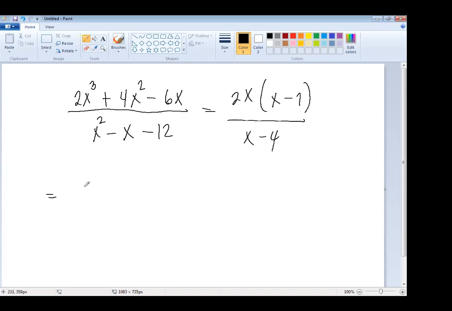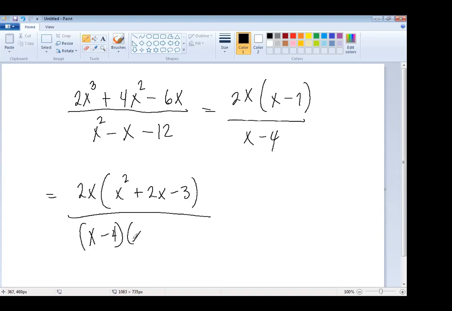Therefore, what did you do first? You have to factor out 2x, right? So the remaining will be x squared plus 2x minus 3. Sorry, 3 only, no x. Okay, so therefore, all over, what is the factor here? x minus 4, right?